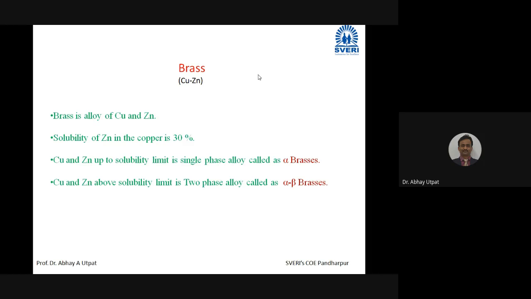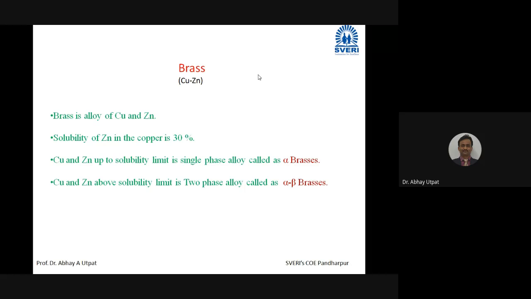Let us concentrate on brass. Brass is an alloy of copper and zinc. The solubility of zinc in copper is 30%. Copper and zinc up to the solubility limit is a single phase alloy called alpha brass.